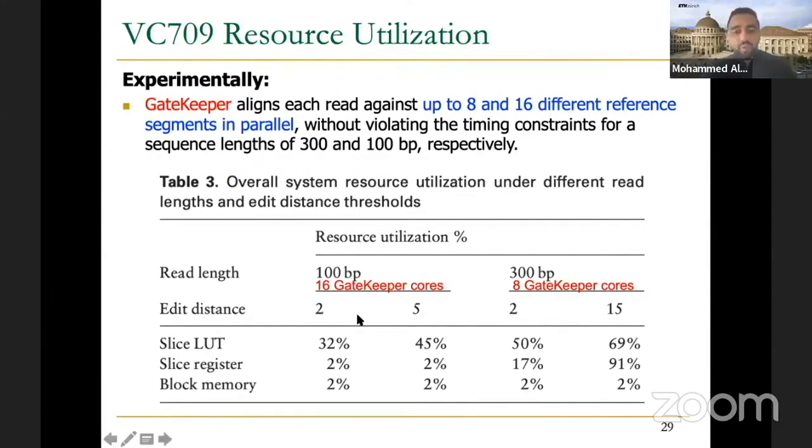So at most, we can solve 16 problems at that time, and 8 problems using 300 long sequences. We didn't use long sequences at that time because in 2016, we didn't have any technology that provided longer than 300 long sequences. ONT was just starting and they provided about 65% accuracy, so nobody was using it at that time.